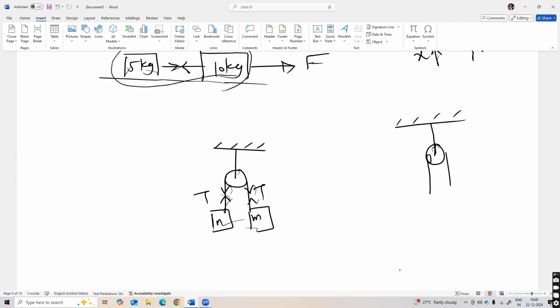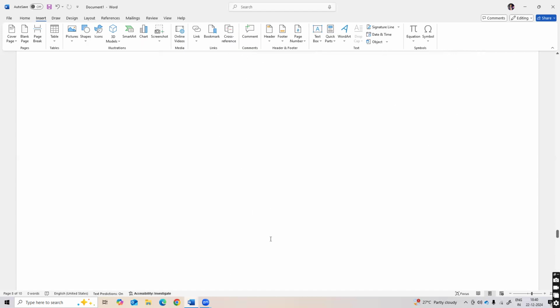So this was a tension T, and this will also be equal to tension T because this is a single string. But this string is a different string, and if you apply the balance or equilibrium at this pulley, then you will find this tension is equal to 2T. Okay, this we have seen in the last class. So we'll just see some similar examples. So now let's say we have one more arrangement.